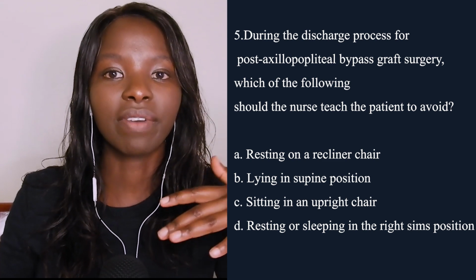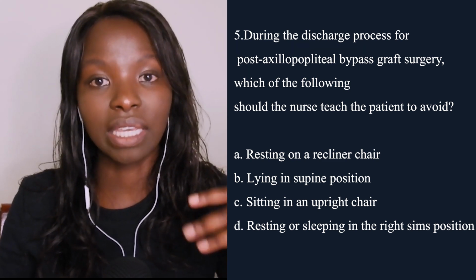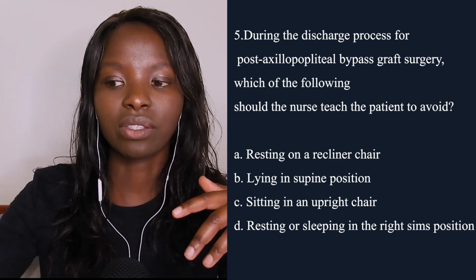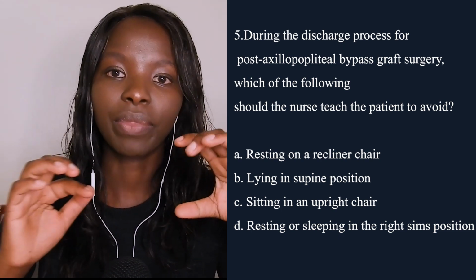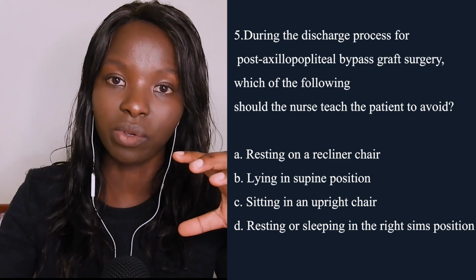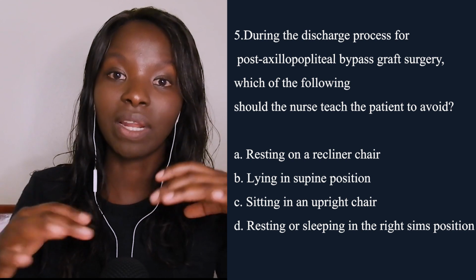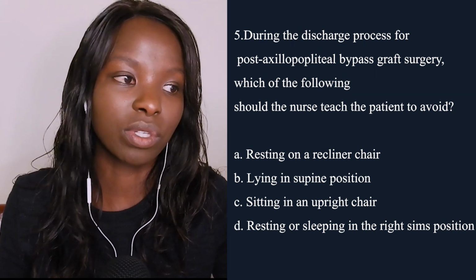Most of the time you might find that there is swelling of this foot because the circulation has been affected. What we advise patients to do is to ensure that they don't wear tight clothing, and that's going to allow blood circulation to move on swiftly. If a patient wears tight clothing, then they further inhibit blood circulation to the foot, and that's going to worsen the swelling on the foot.